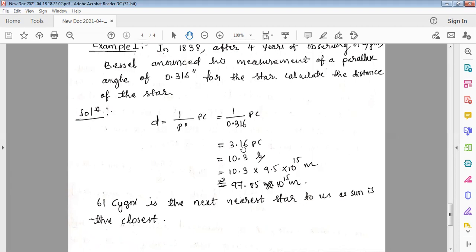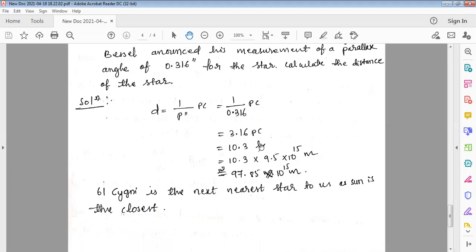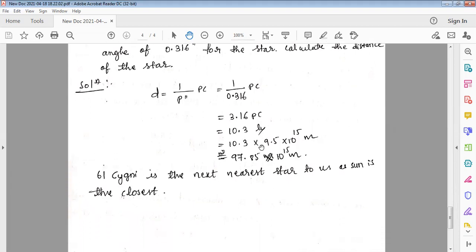It gives 3.16 parsecs. That means the distance of the star 61 Cygni is 3.16 parsecs. Or you can express this in terms of light years, it becomes 10.3 light years.